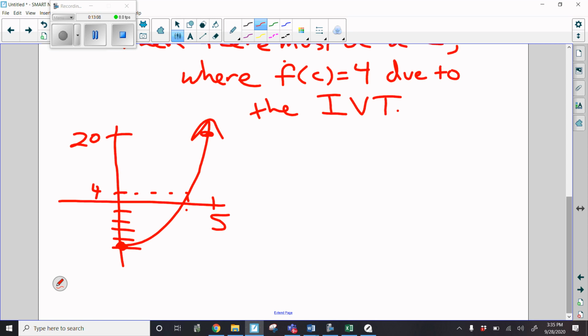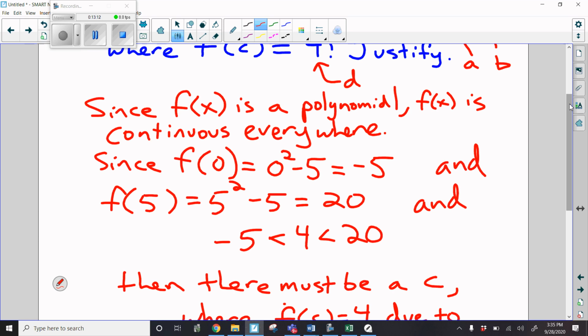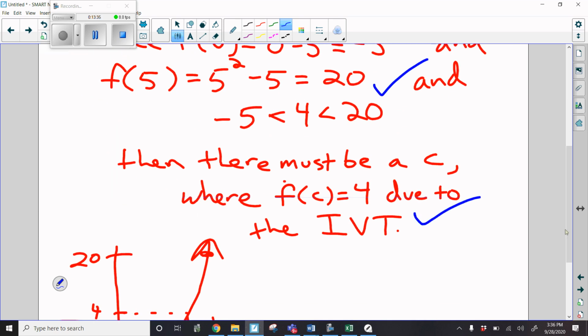Now, for a good justification, here are the 3 things you need. You must state that f is continuous, which I did. We must show that our d value is in between f of a and f of b, which we did, and we must invoke the IVT, which we did.